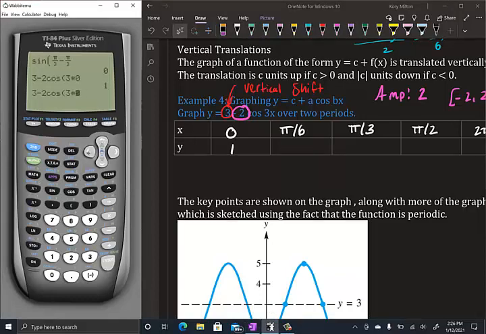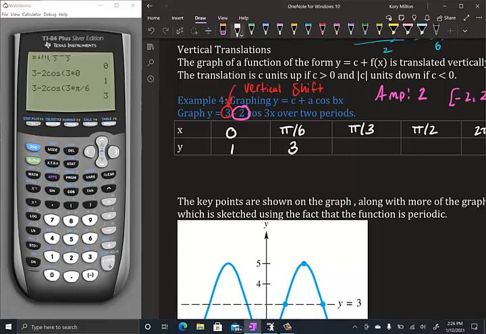So instead of 0, it's going to be pi over 6. And we get 3. Let's plug in pi over 3 and see what happens. So instead of pi over 6, it's pi over 3, and we get 5. What do you notice happening with our vertical shift?